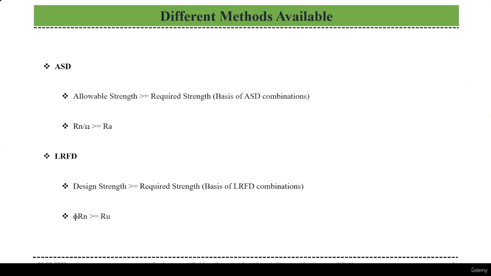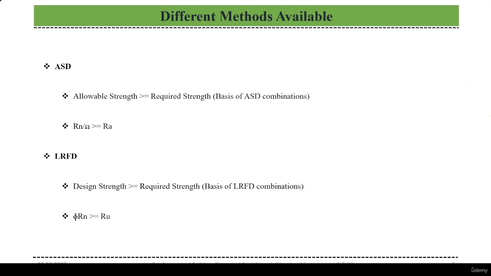The allowable strength must be greater than these loads, right? So allowable strength is defined as Rn by omega. Omega is nothing but the allowable stress factor, or we can call it the safety factor. So what is Rn here? Rn is nothing but the nominal strength of the material.